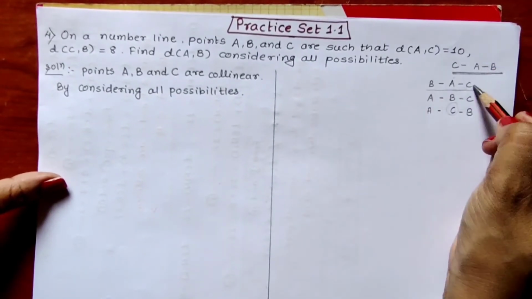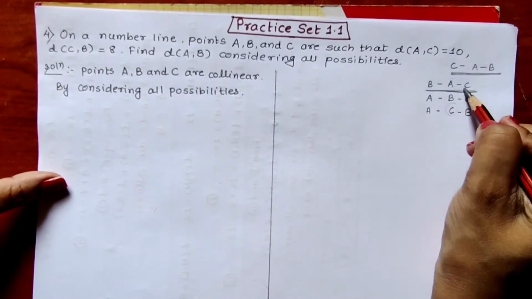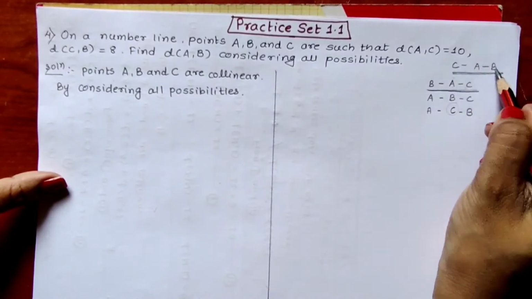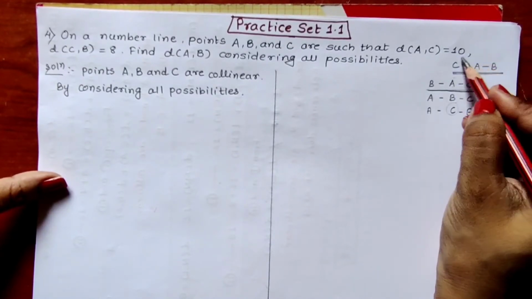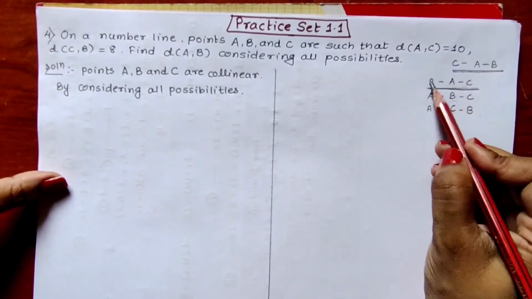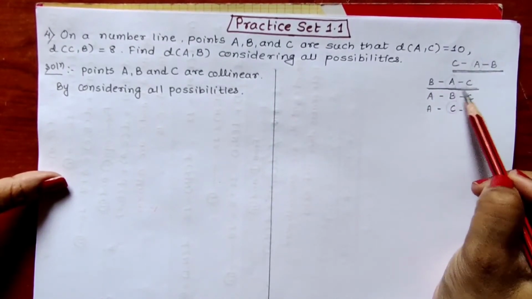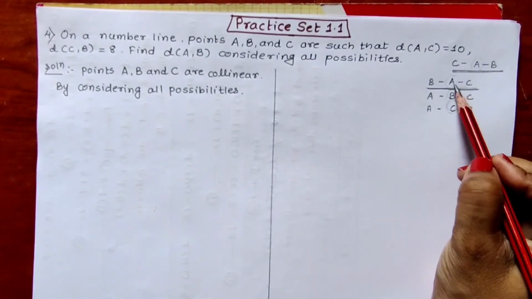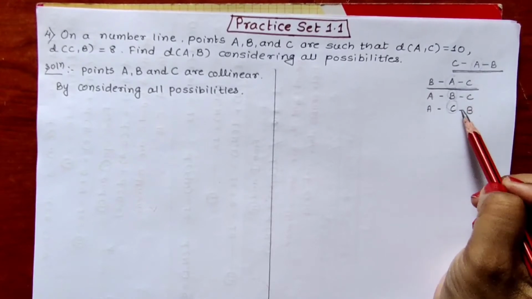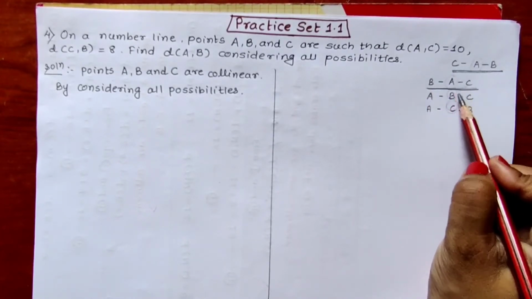Either you write A is in between B and C, or A is in between C and B. It is one and the same thing. So the end points are the same, only the point in between should be written properly. So either A will be in between, B will be in between, or C will be in between. In this way, we are having 3 possibilities.